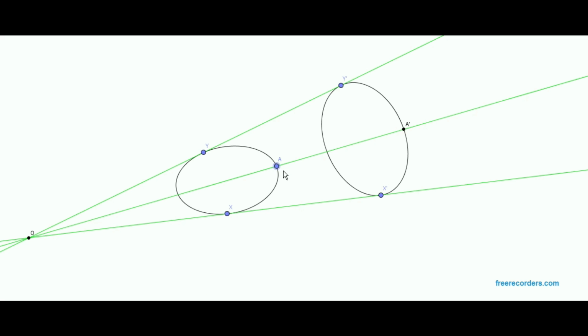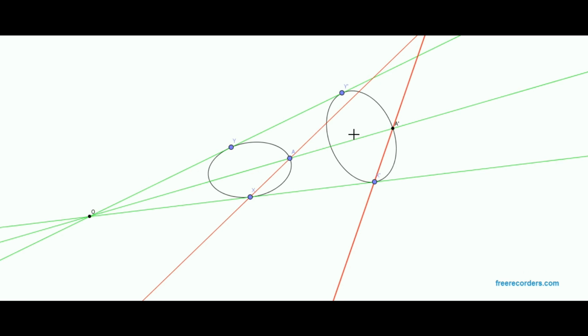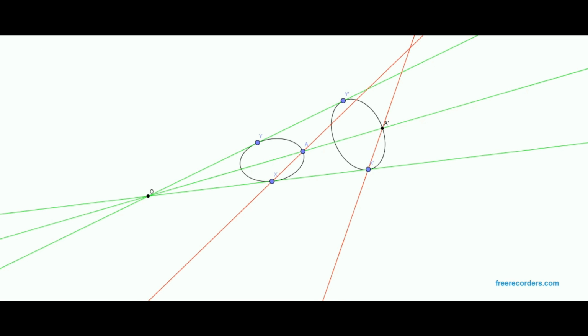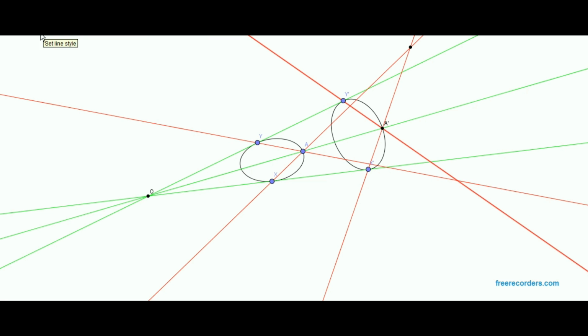So again, we find out where AX and A dash X dash meet. That gives us 1 point on the common chord. Similarly here, AY, A dash Y dash.